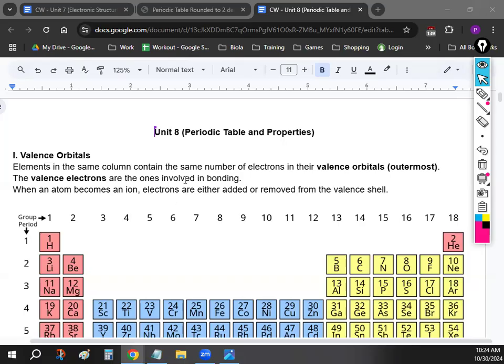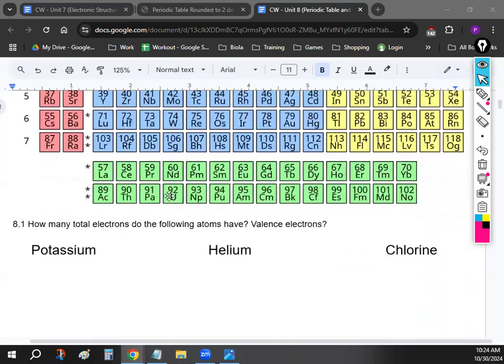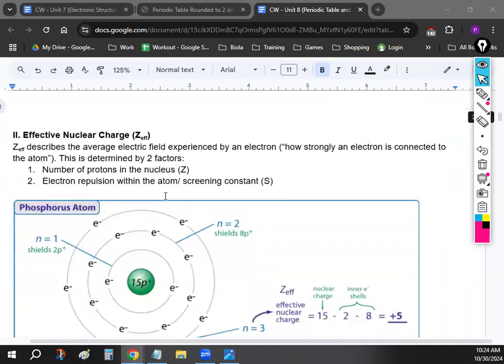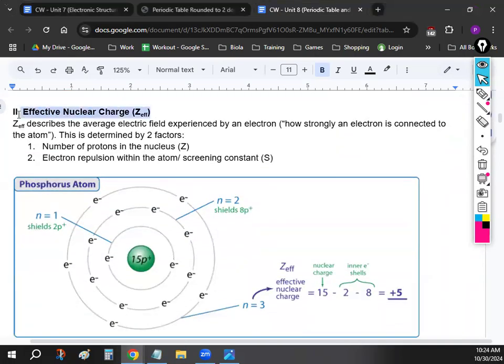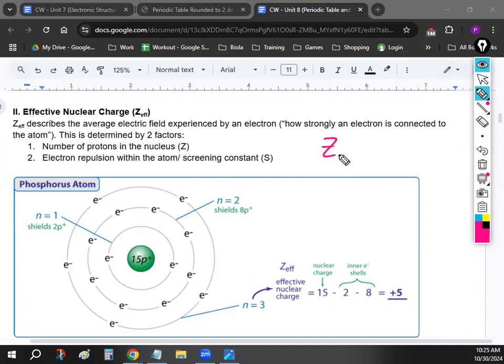Okay, so we're going to talk about valence because we just talked about valence. So let's move on to the actual topic that matters. We're going to talk about something called effective nuclear charge. You don't need to write the entire name. It's a mouthful. It's represented by a Z and then a subscript EFF, so effective. So I call it Zeff, just because it's easier to say. So if I ever say Zeff, just know that I'm talking about effective nuclear charge.